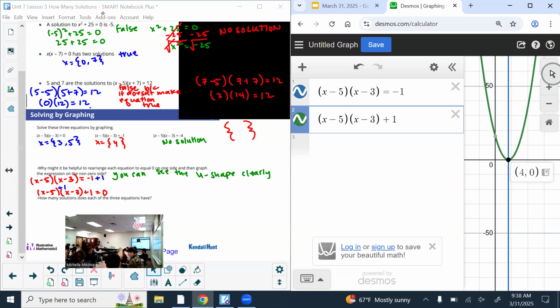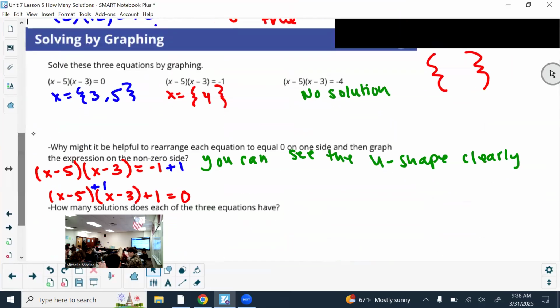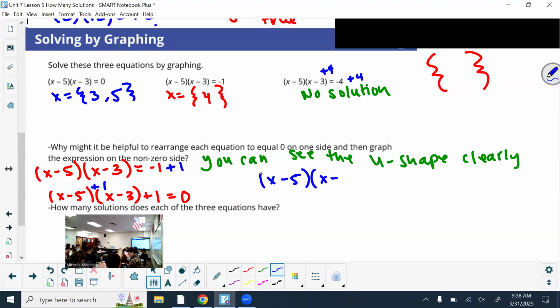Okay, and then that last one. What would I have to do to this -4 to make it equal 0? Add 4. And then whatever you do on one side, do to the other. If you graph this, x minus 5, x minus 3, and add 4 on the end.